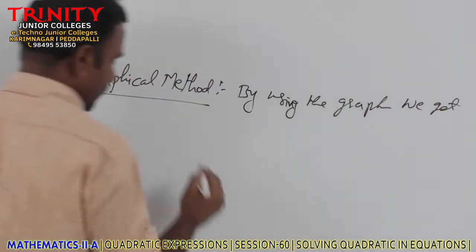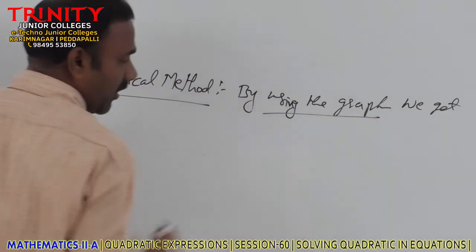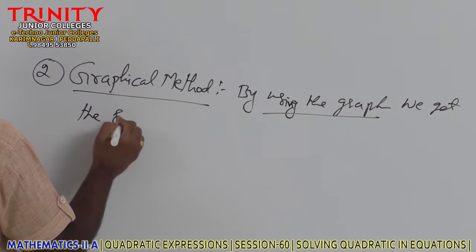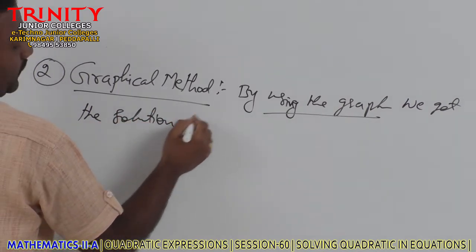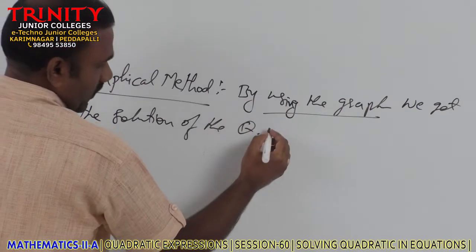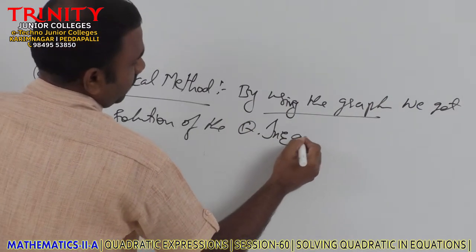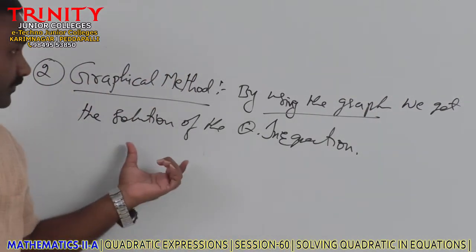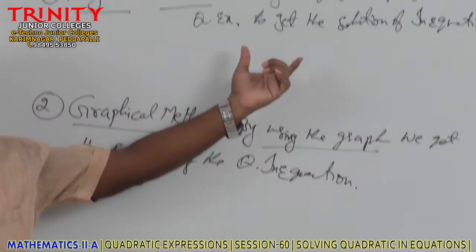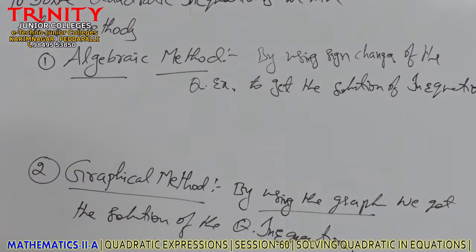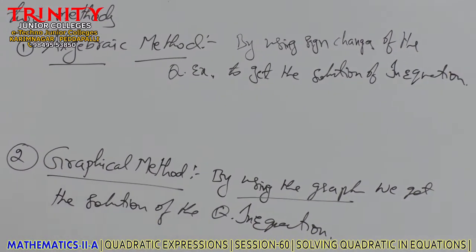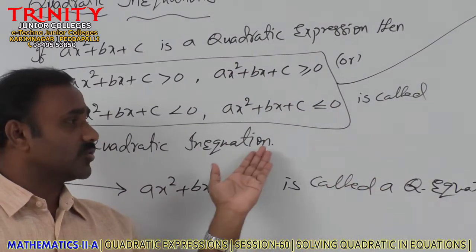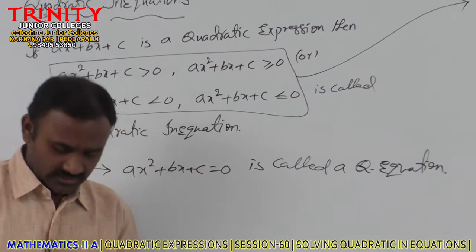In the graphical method, we use the graph, and in the algebraic method, we use the sign changes of the quadratic expression. Now, we'll solve quadratic inequations by using the algebraic method and the graphical method. We'll do some problems based on this concept.